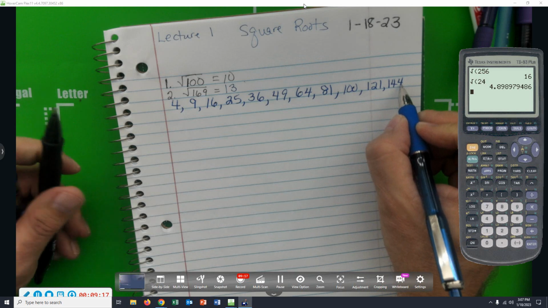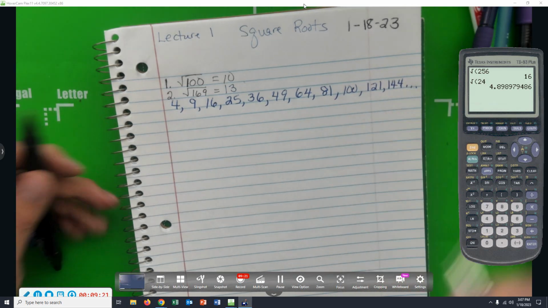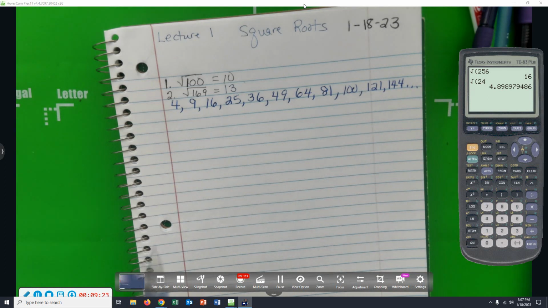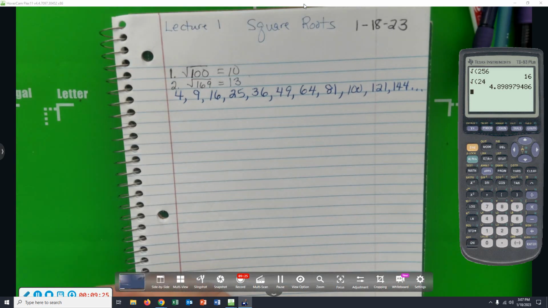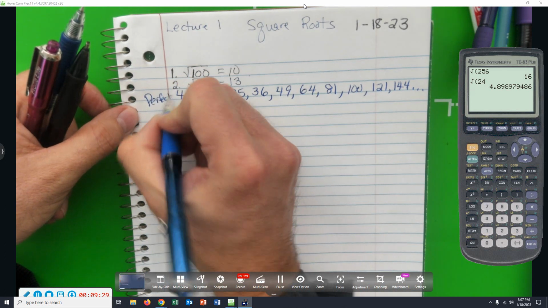All right. Then 169, and I'll just say dot, dot, dot at that point. Okay? Label those perfect squares.